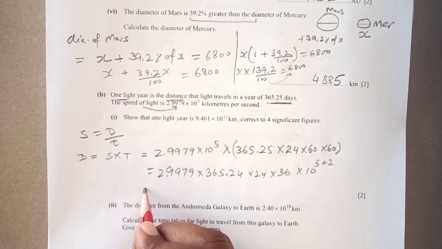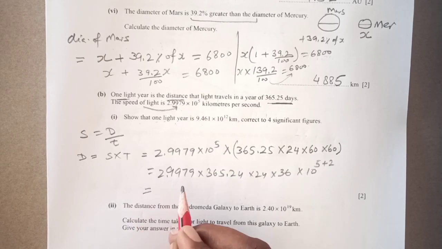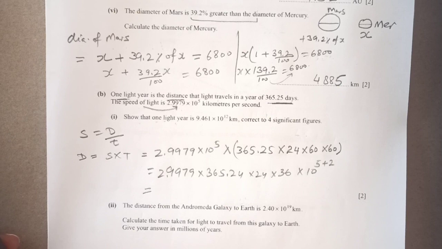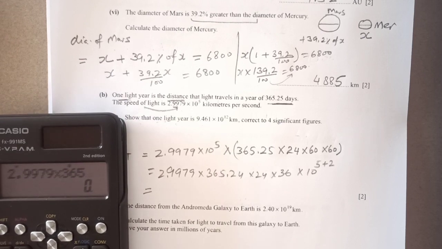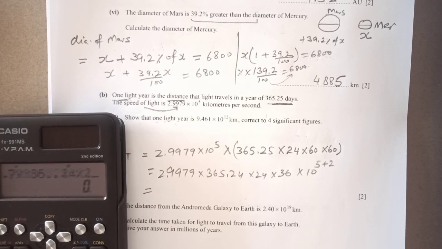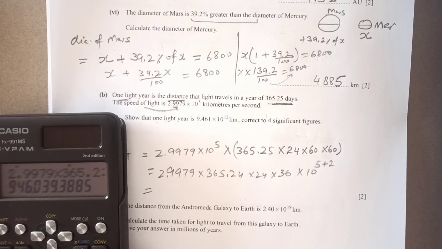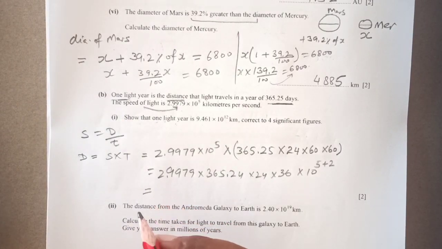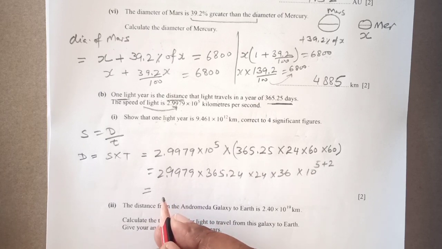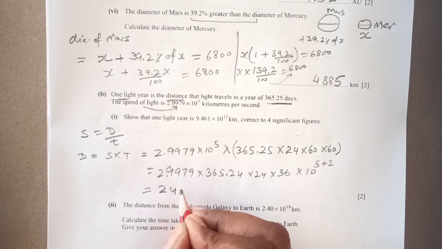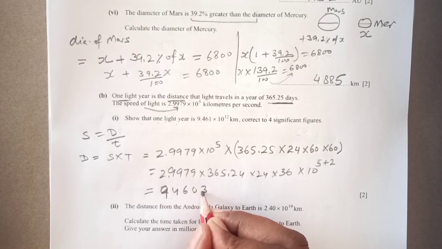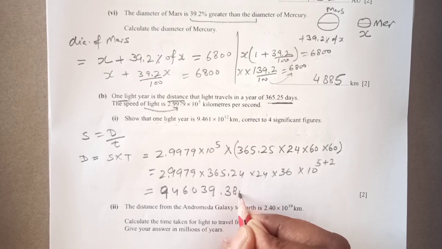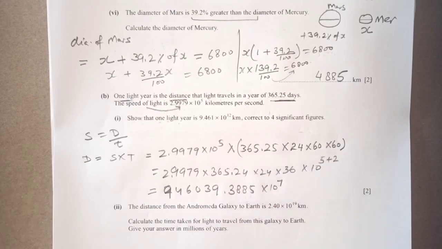So when you calculate this, it is coming now 2.9979 times 365.24 times 24 times 36. So I have this here as 946039.3885, 10 raised to power 7.